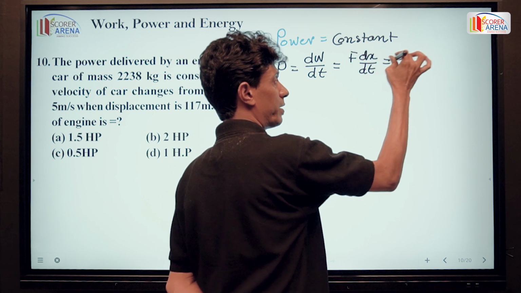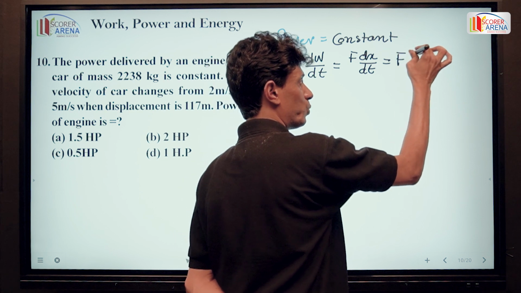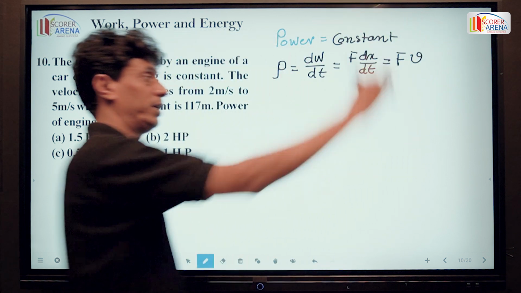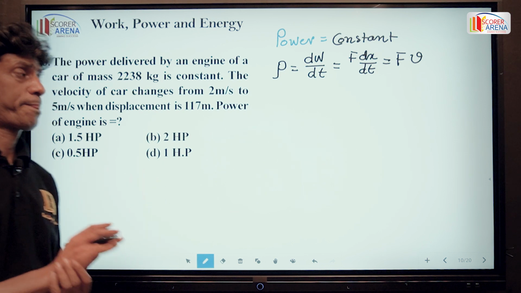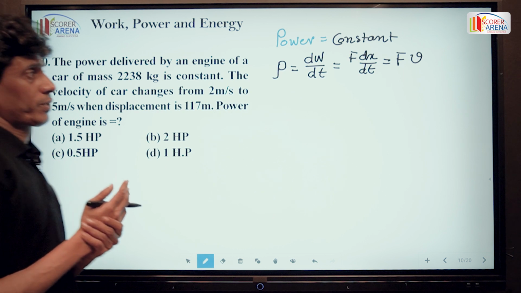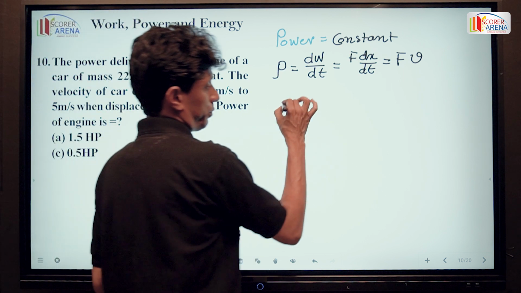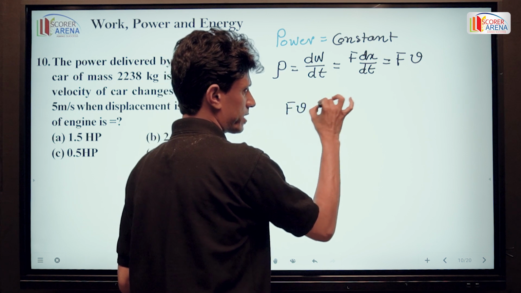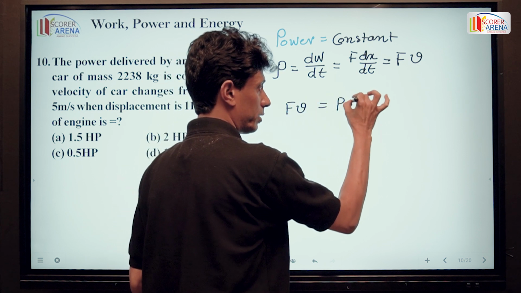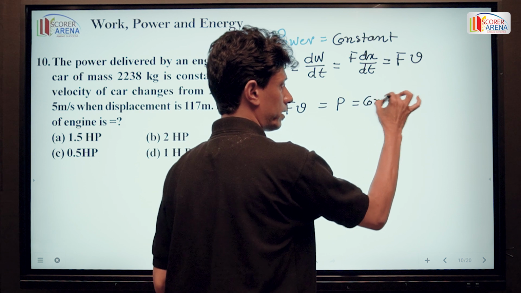Therefore we can say it is force into the instantaneous velocity of the particle. So from these definitions, force into instantaneous velocity is equal to power, which is constant.